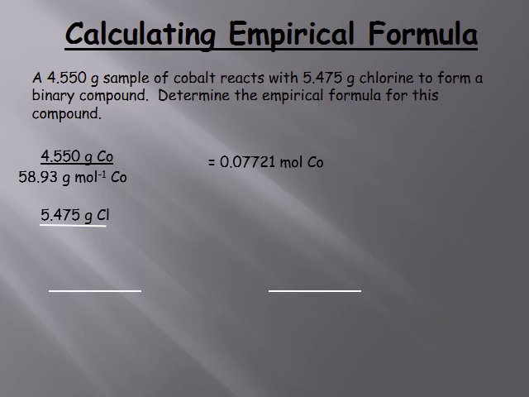You then do this for chlorine, so you've got 4.475 grams of chlorine, divide it by 35.45, the relative atomic mass, and then you get 0.1544 moles of chlorine.